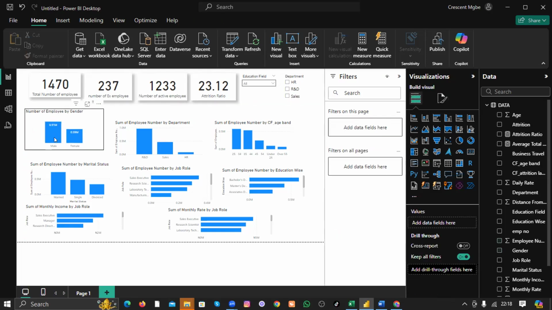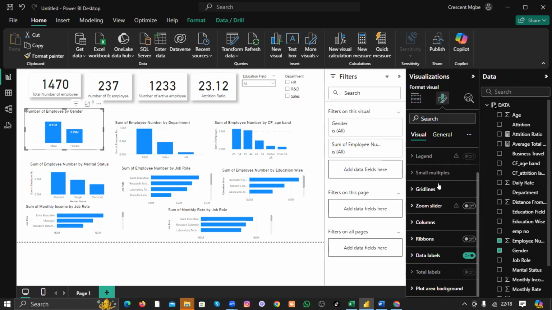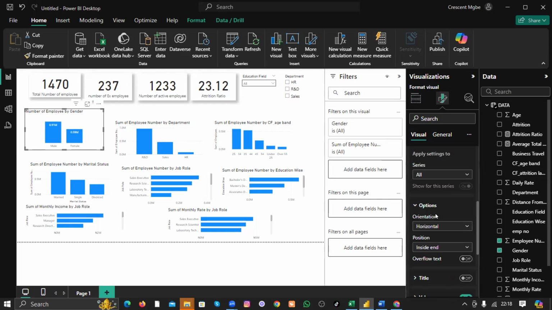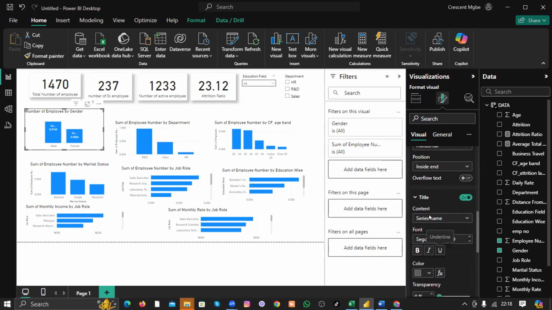So if someone comes and sees it at a glance, you can make this value here bolder. Your data label can just go here, title, just make it 9, increase it to 10, 11.